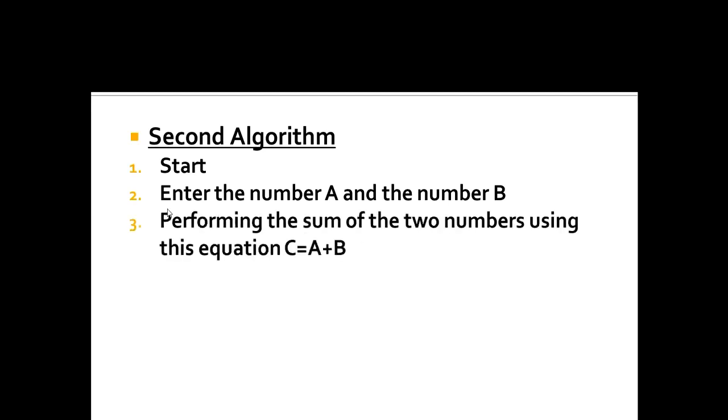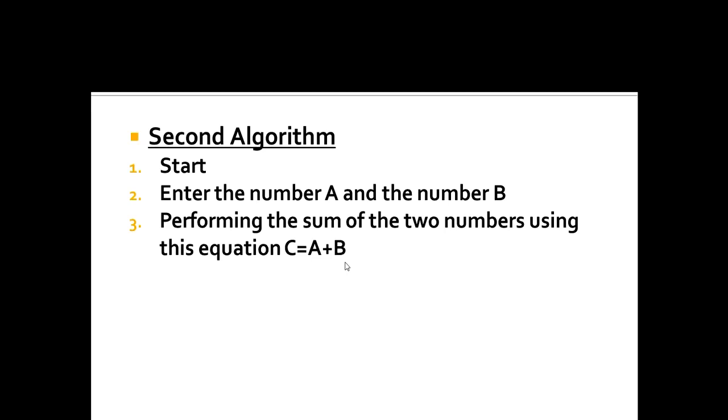3, we're going to write the equation, the process. So performing the sum of the two numbers using the equation c equals a plus b. 1 start, 2 the inputs with a keyword enter, 3 the equation or the process. What do you think number 4 should be? Guess.